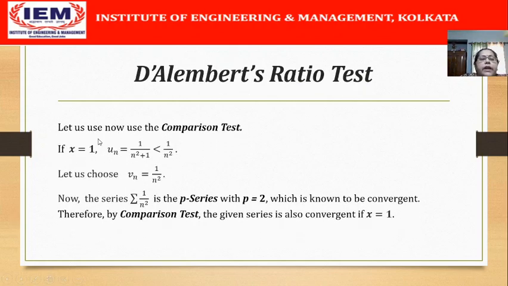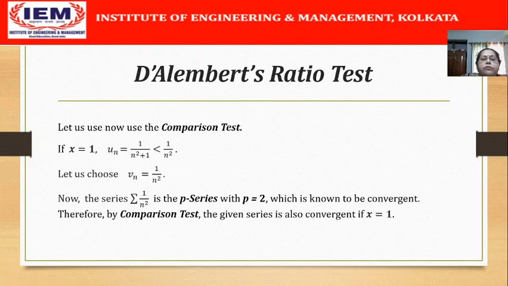Now note that for x equal to 1, the un term is just 1 by n square plus 1. And also observe that this 1 by n square plus 1 is obviously less than 1 by n square, right? So if we choose our second series Vn as 1 by n square, we would be able to tell that un is less than Vn.